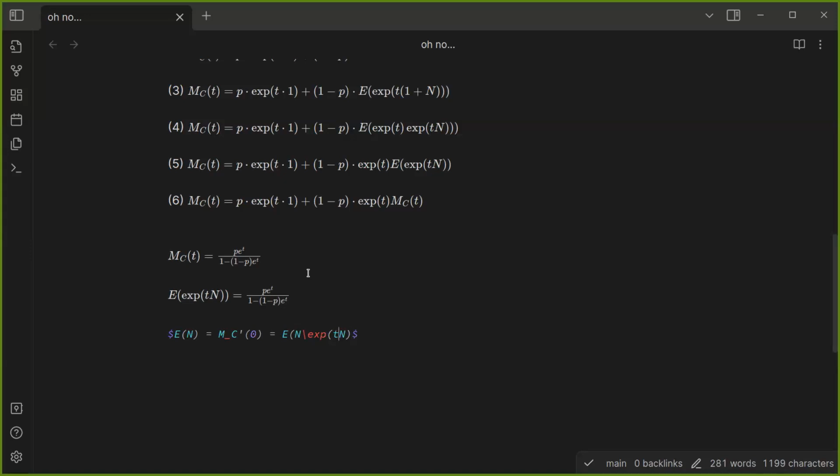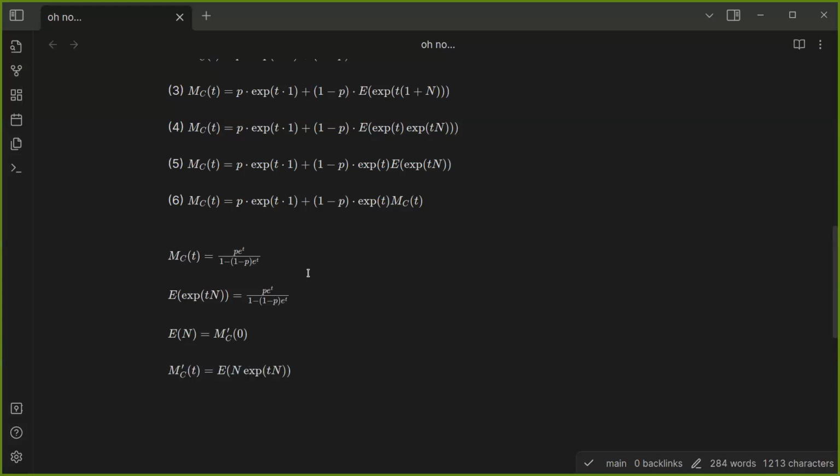So the derivative m prime of t is, from one point of view, just the expected value of n exponent of Tn, with respect to t.